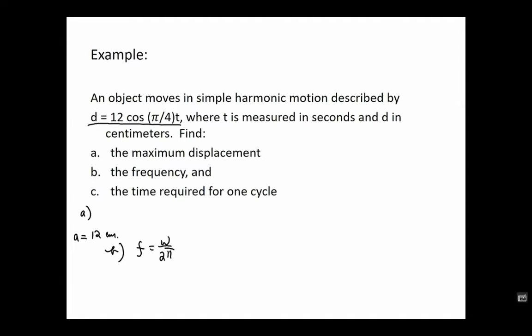So in our problem, omega is pi divided by 4. So what do we have here? We have pi over 4 divided by 2 pi.